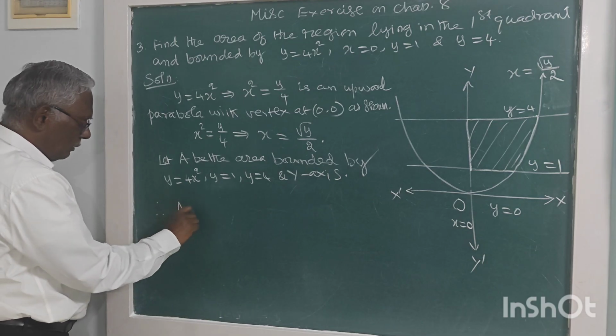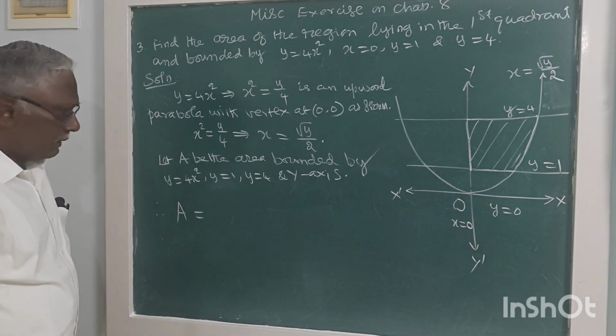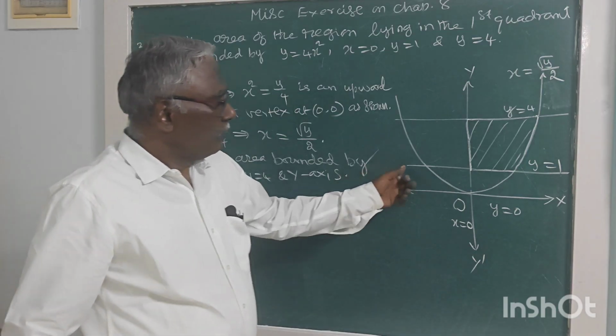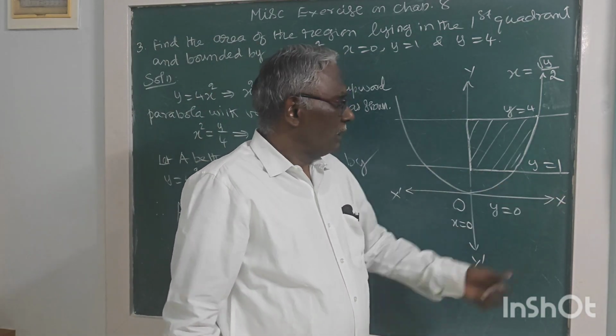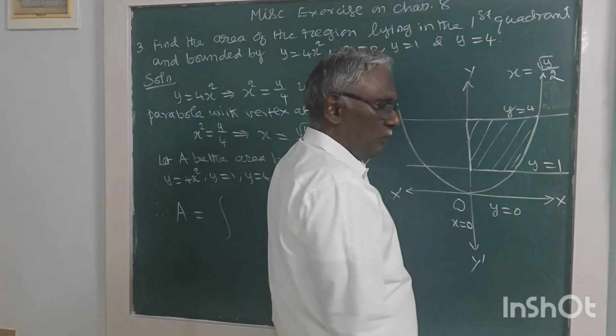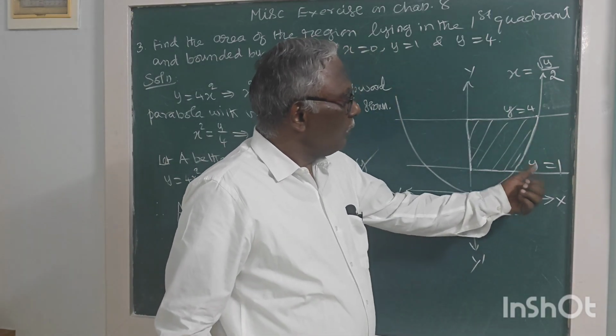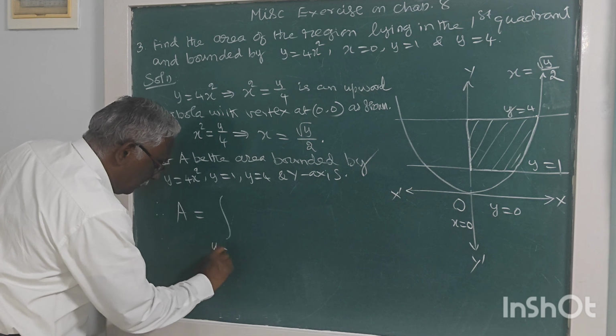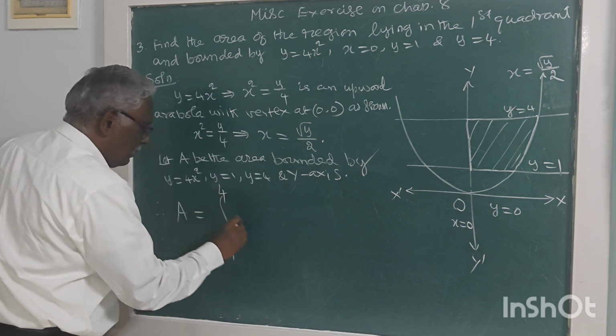Therefore, A is equal to, now we write the definite integral. The equations of the lines are y is 1 and y is 4. That means y varies from 1 to 4. So, the integral from y is 1 to 4, then dy.